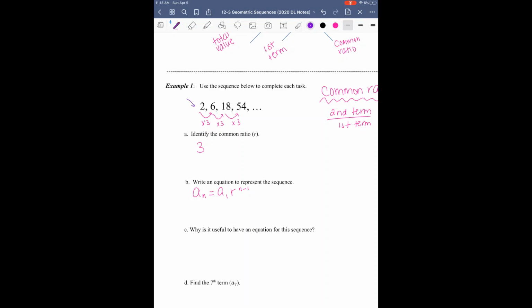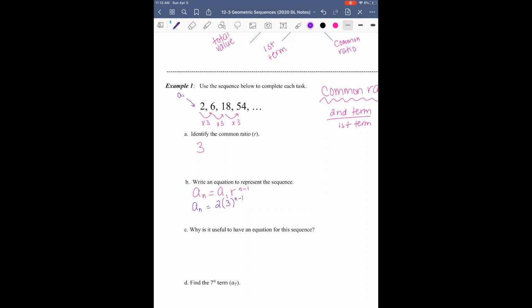I know what my first term here is 2, so that's my a sub 1. And I know my r value is 3. So I'm going to substitute in here. A sub n is equal to my first term of 2 times 3 to the n minus 1. And this is my explicit formula.